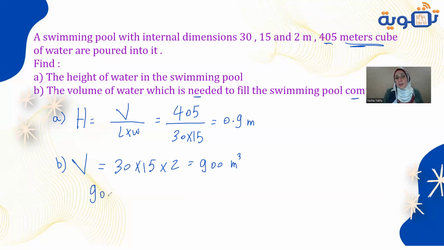So I will subtract 900 minus 405 equals 495 cubic meters, the volume of water needed to fill the swimming pool completely.